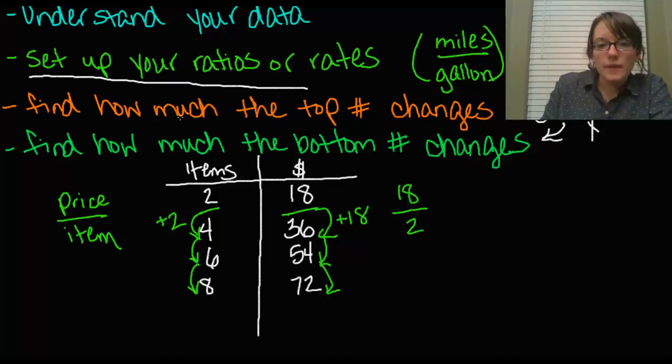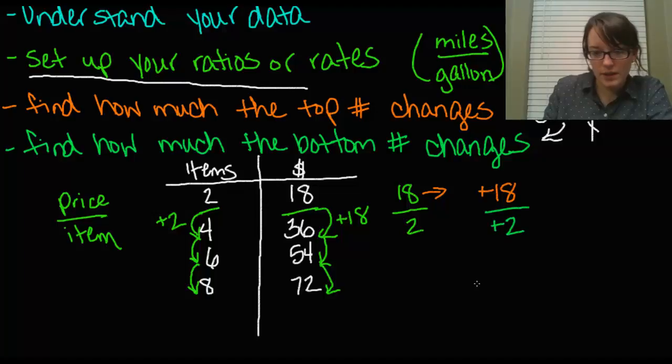My second step is find out how much the top changes. So the 18 part is going up 18 every time. The bottom part is going up 2 every time. My top is coming from this side, and the bottom is coming from this side, because I'm doing price per item.